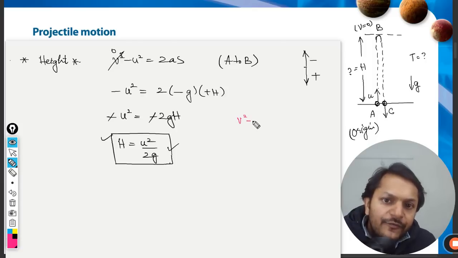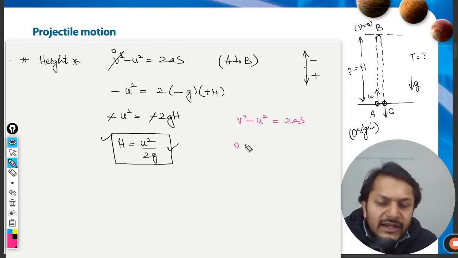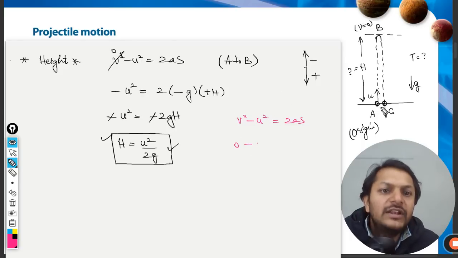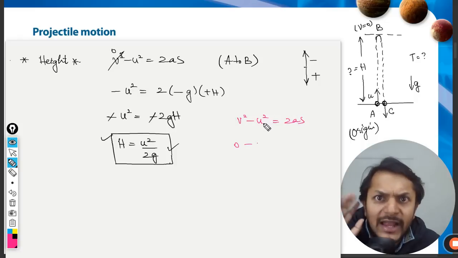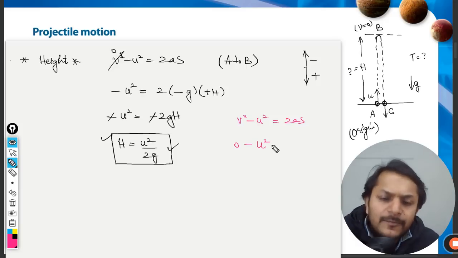So our SUVAT equation is this: v square minus u square equal to 2as. Now, the final velocity will be taken as 0. u will now have the negative value, but because it has a square, we can say that it will remain as u squared. Doesn't matter. Acceleration now, because downward is taken positive, will be positive.